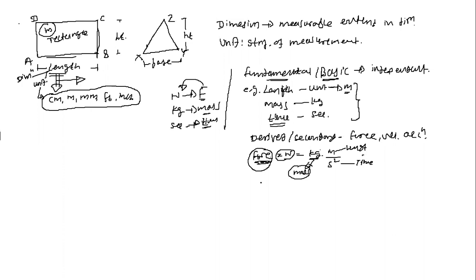Another example I would like to take is velocity. To measure the velocity of an object, suppose the object is moving from point A to point B in a straight line, and it covers a displacement, or length, which I would like to consider as 10 meters, and it requires 10 seconds to cover it.